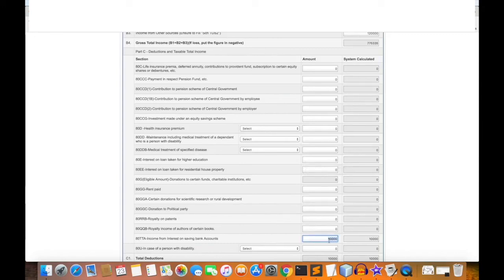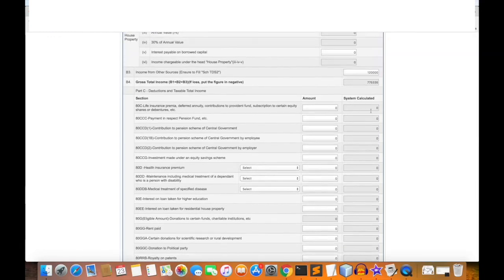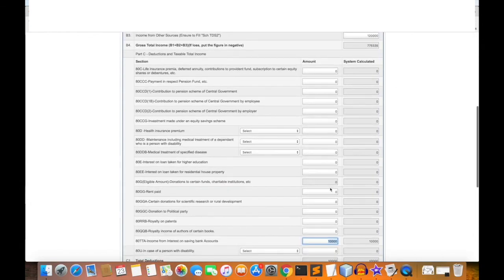If we forget to fill in that information here, then we would pay more tax to the income tax department. So we need to make sure that we claim our savings account interest under section 80 TTA if we have received any. The maximum value is 10,000 because that X person has received 20,000 rupees as interest, so he is claiming 10,000 rupees.